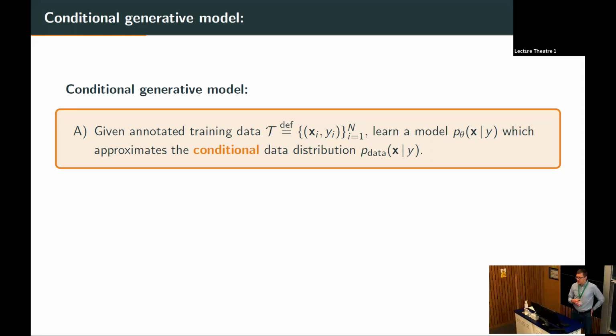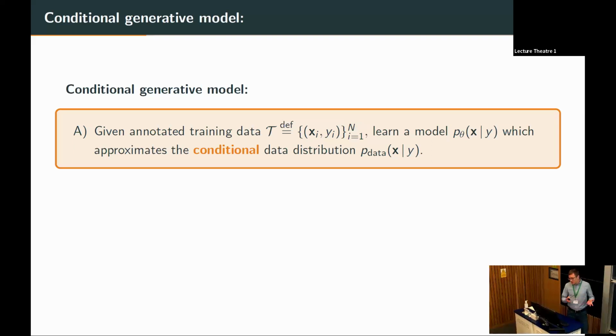This in itself comes in a few different flavors, and I will mention two. The first one is simply that we now observe labeled or annotated training data, so pairs of X's and Y's, and based on those training data points, we want to learn the conditional distribution p(x|y). In this situation, we can make use of the same algorithms or model formulations as before, but we simply add this Y variable as an additional input to the score networks and so on.